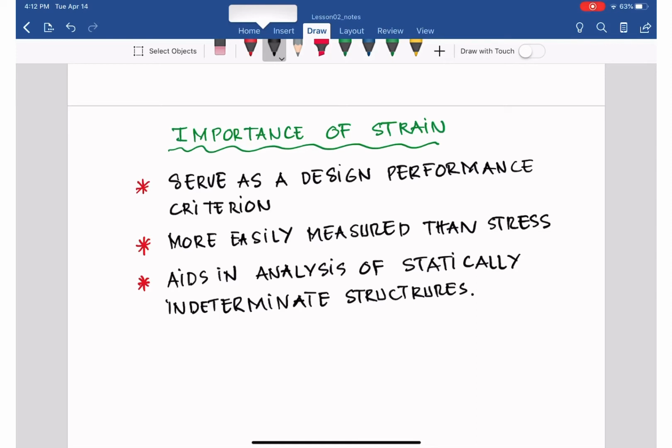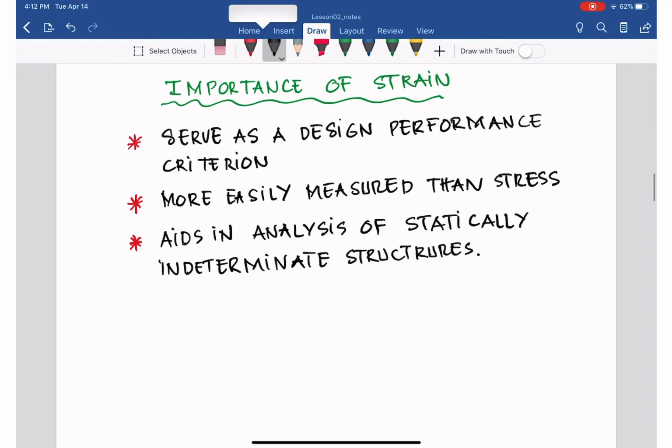When you draw the free body diagram completely correctly, you have enough equations to solve for the external reactions. For an indeterminate structure, you have to use the deformation and deflection equations to solve. If you only use the equilibrium equations from engineering mechanics, you cannot solve the indeterminate structure, and that's why we need to study mechanics of materials. That is the difference between determinate and indeterminate structures.